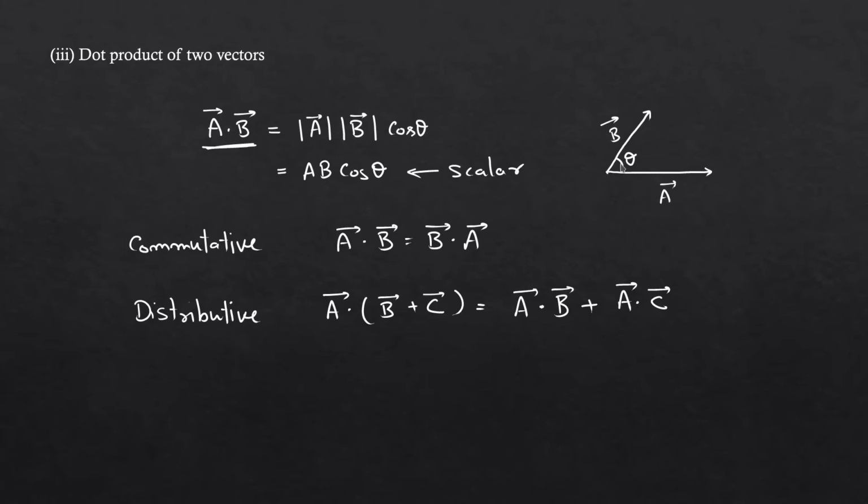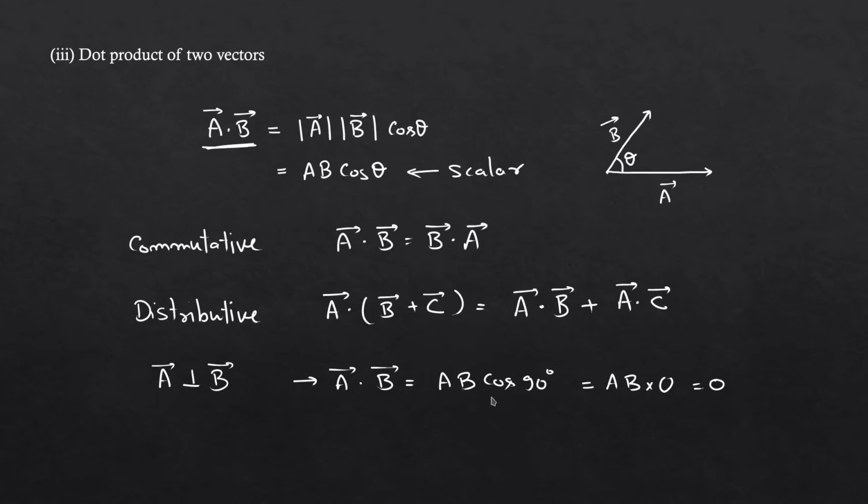Suppose this angle is 90 degrees, so vector A is perpendicular to vector B. Their dot product A dot B will be AB cos 90 degrees, which equals AB into 0, which equals 0, because cos 90 is 0.